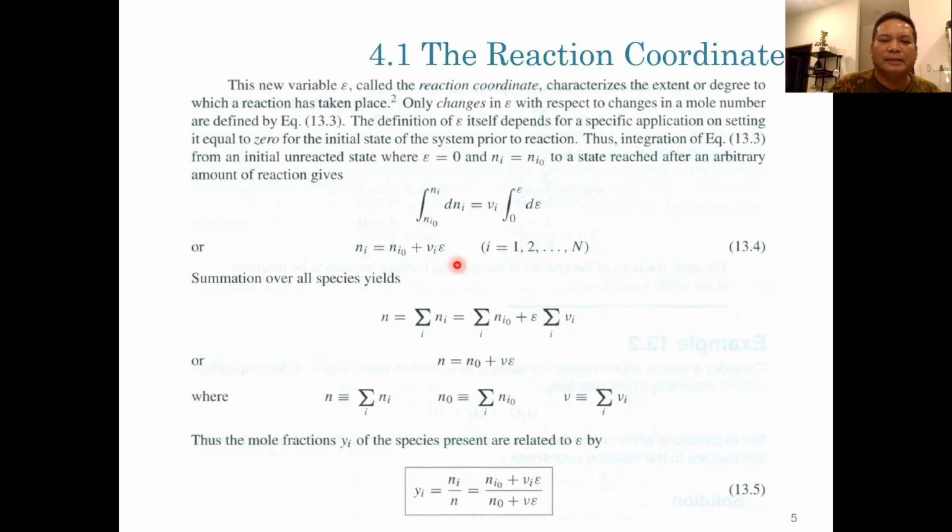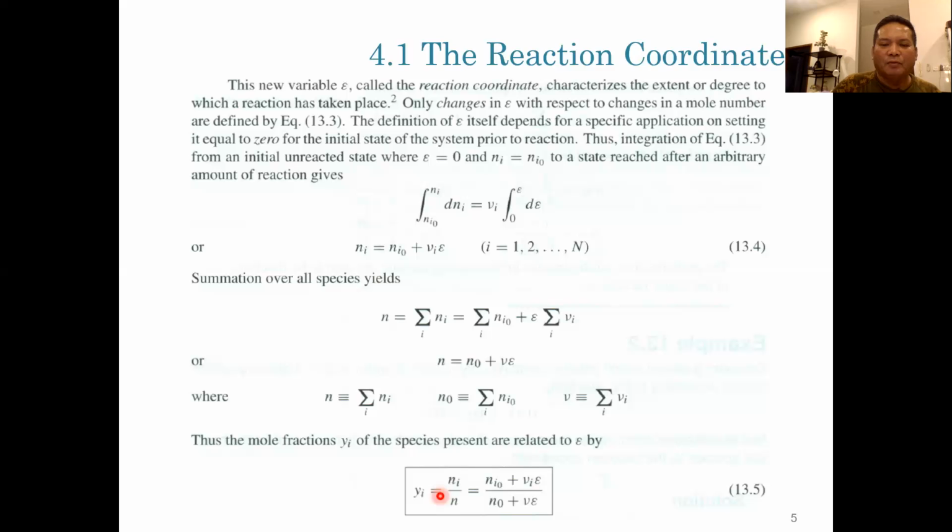So this is the basic equation for a single species. The overall sum for n we get from this form: n equals the summation of n_i0 plus epsilon nu. Overall, the mole fraction y_i of species present, related to epsilon, is this.